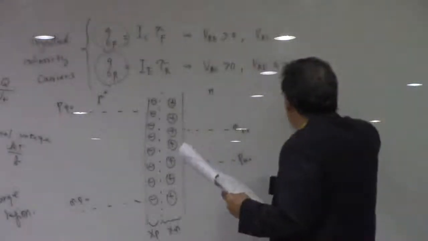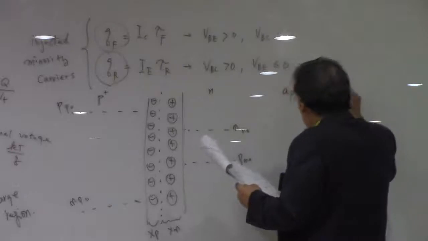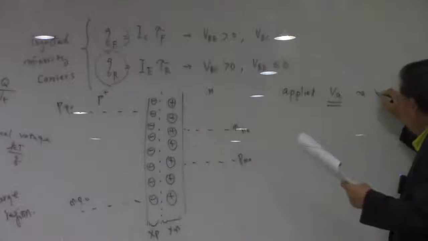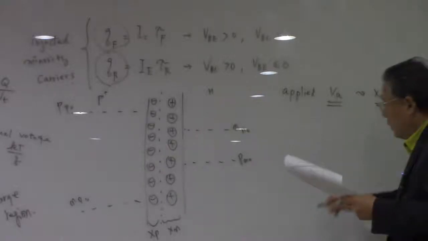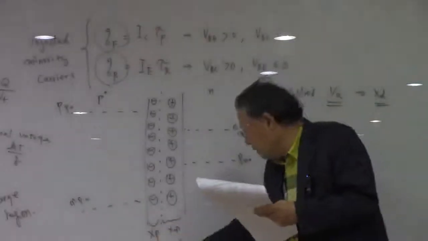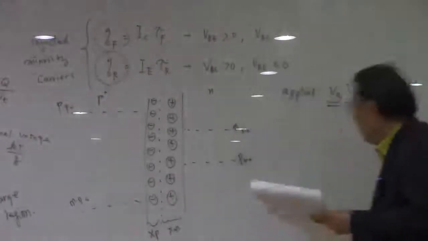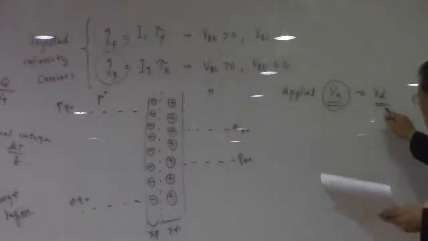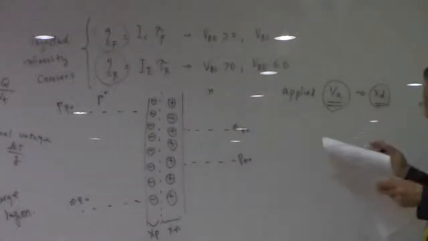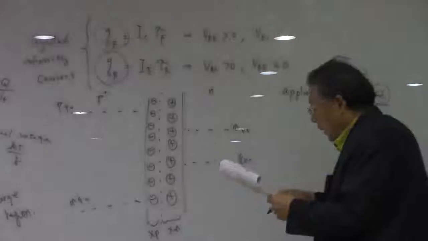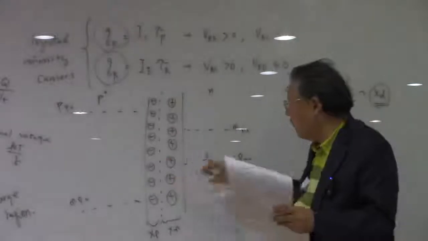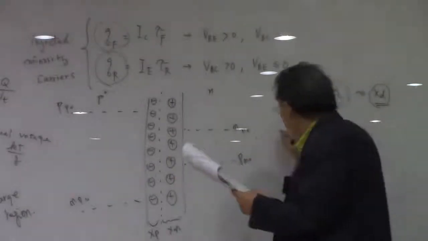The applied voltage VA will modulate the space charge length. This total is XD, right? Depending on the applied voltage, XD is going to change. It is just like a capacitor with variable distances.